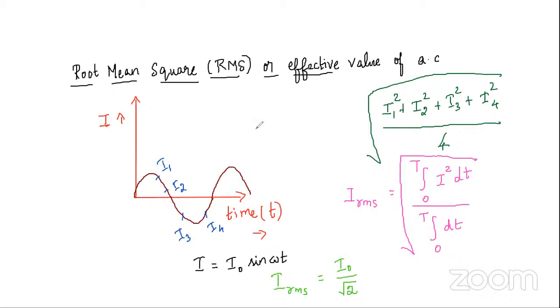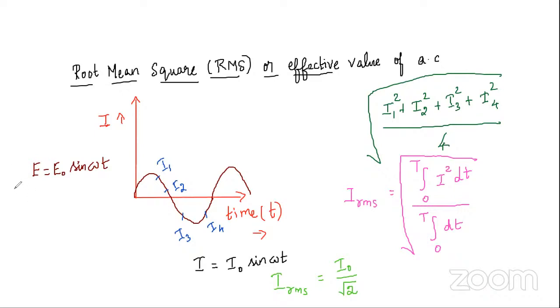Now instead of I equal to I naught sin omega t, if you have E equal to E naught sin omega t, in that case what is your RMS value? First of all, let me give you the expression for the mean value of alternating voltage here.